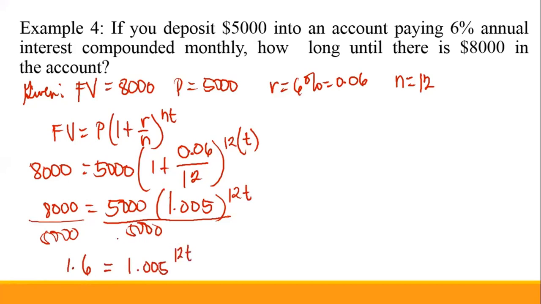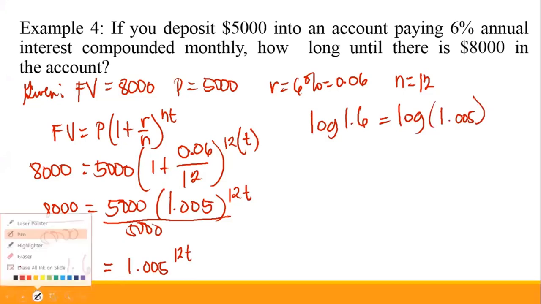Okay? And as mentioned earlier, we have to take the logarithm of each side. Then use property 5 to rewrite the problem as multiplication. Okay? So, tuloy natin dito. So, log 1.6 equals log 1.005 raised to 12t.